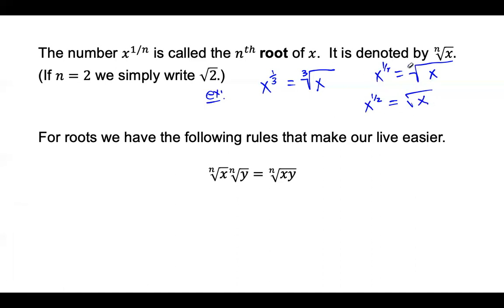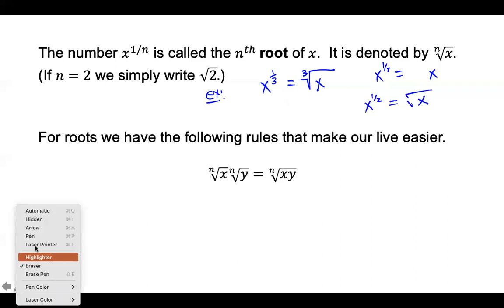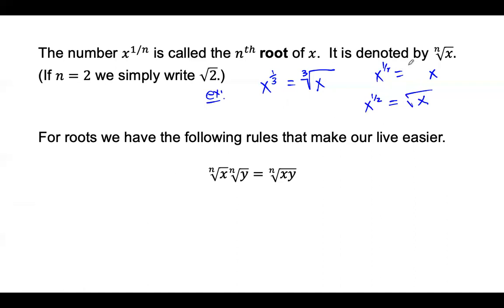I'll just make this a bit more clear. We don't actually write the 2 here. I could write a 2, I could write this 2 here, but we don't actually need to. So don't write the 2.